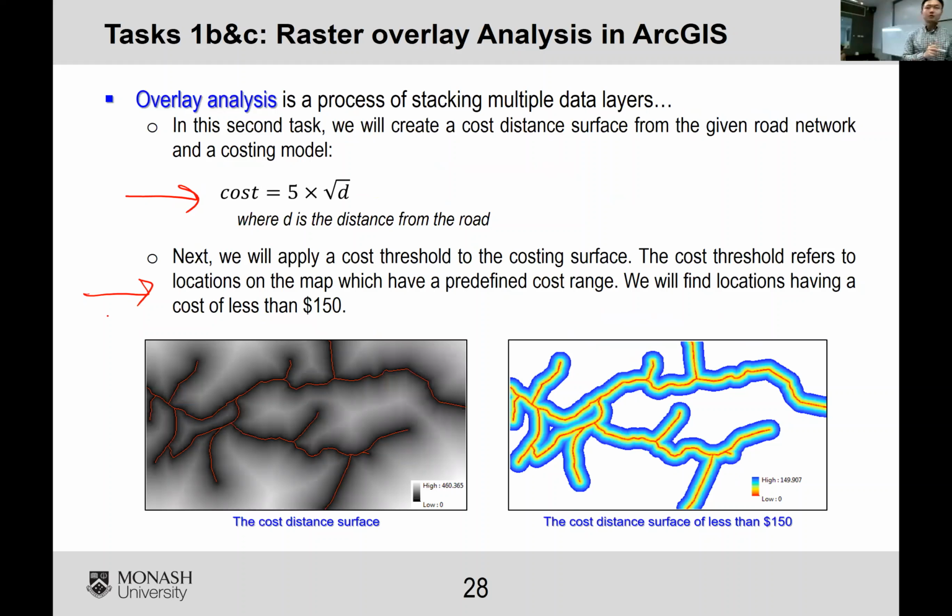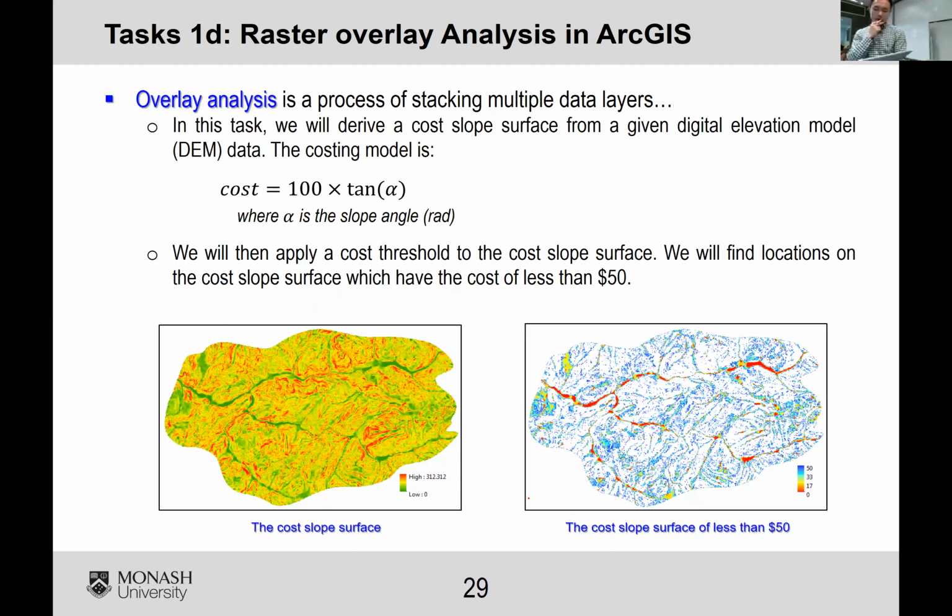And with map algebra, you can also do a conditional selection. So here you're asked to find the cells or the areas that have a distance cost less than 150. In order to do this, you can use the conditional operation in the raster calculator.